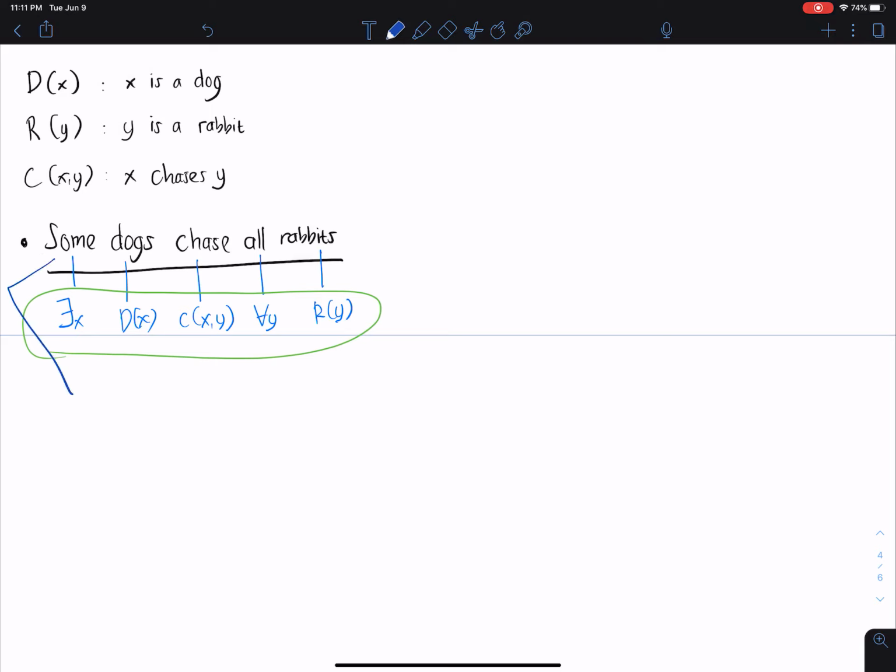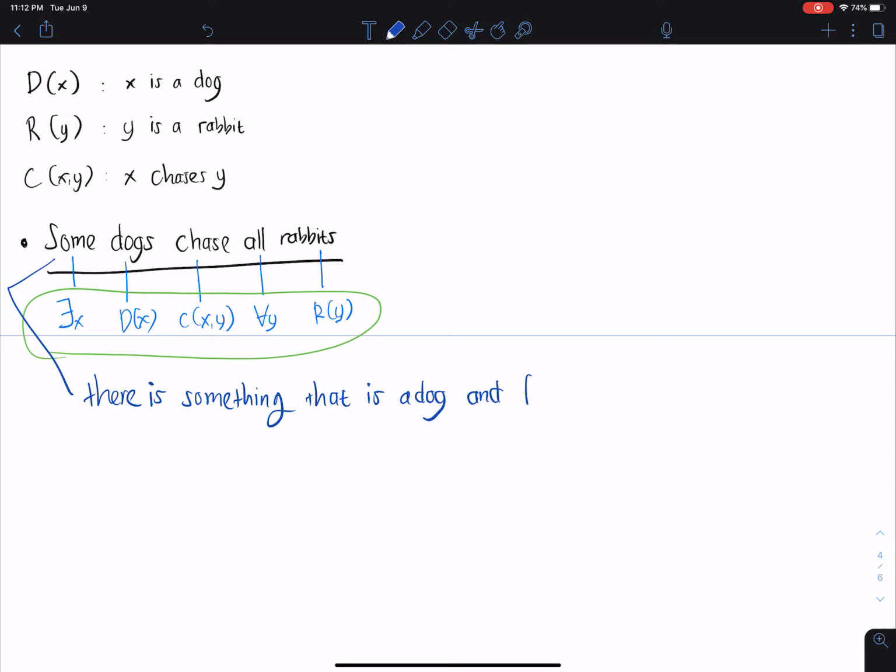So I will say here, some dogs chase all rabbits. A different way to say it, which is the true meaning, is by saying there is something that is a dog. There is something that is a dog.